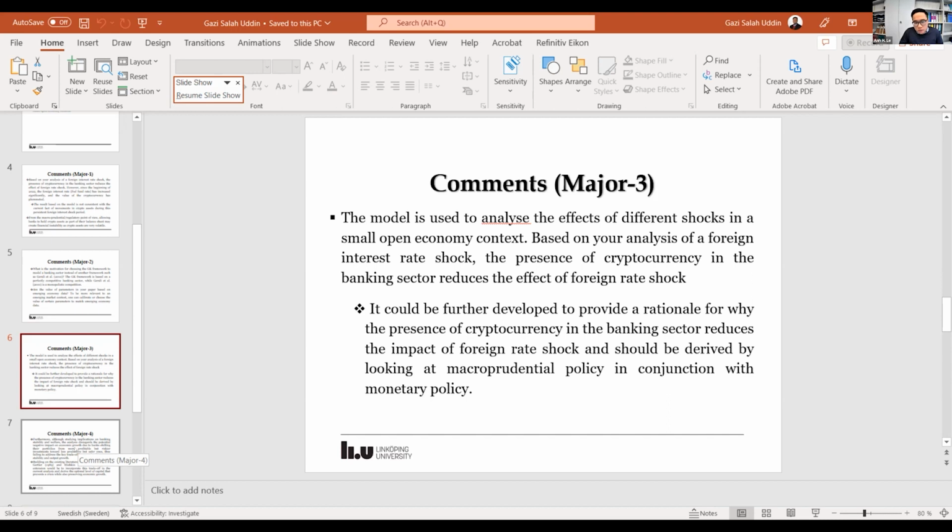The only thing about crypto in the model is that the return rate of crypto is not affected directly by the central bank's monetary policy, and that's what we see in reality, but we fail to catch the volatility.